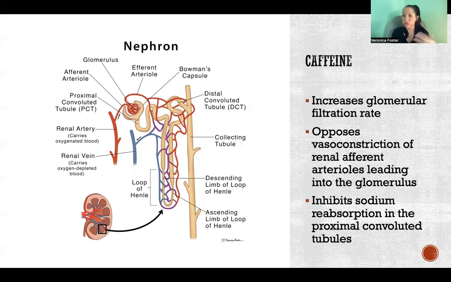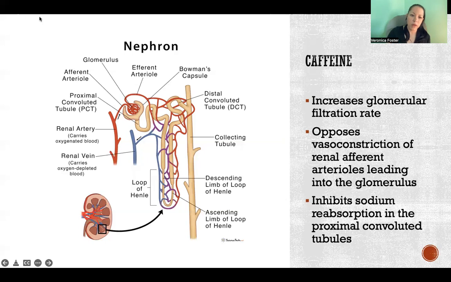So even when we're exercising or doing whatever we're doing and our blood pressure is fluctuating throughout the day, our GFR should remain pretty consistent because we manage that pressure in that vessel by allowing it to dilate and constrict. With caffeine, it increases the GFR because it opposes the vasoconstriction of that vessel.